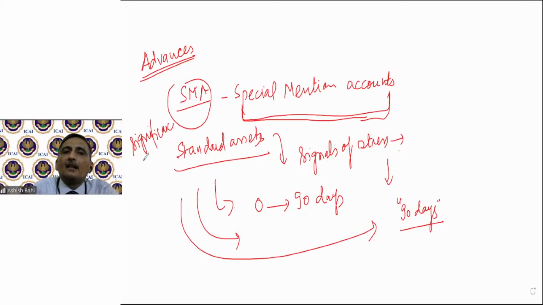It is also a type of internal control over the operation of advances, devised by the bank managements, so as to alert them: take some corrective action, follow up with the borrower, see why the borrower is not able to pay up, avoid the slippage.